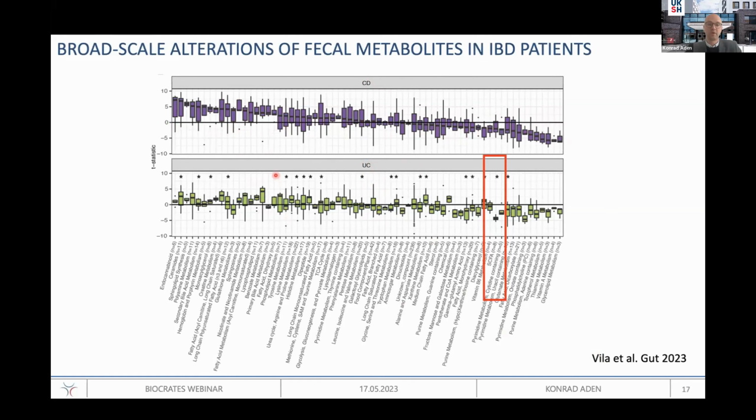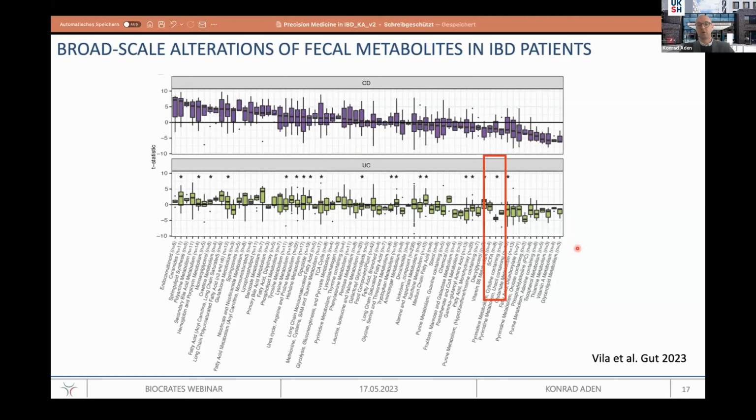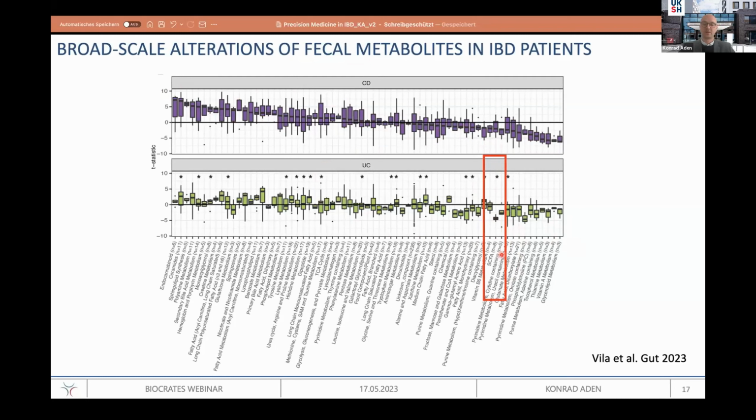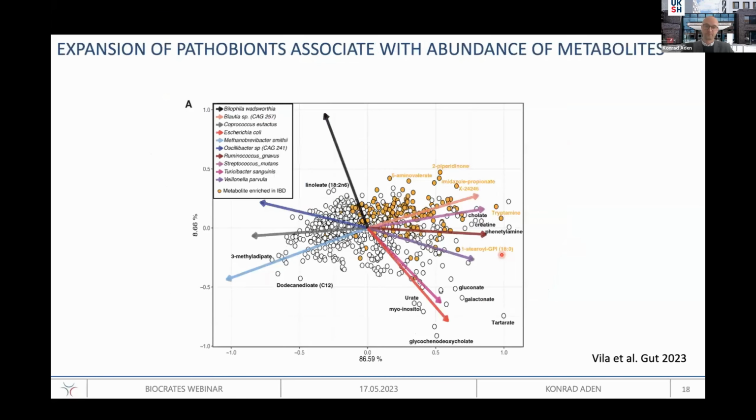And you see overall that there's a bunch of different metabolite classes that are either overabundant or have a lower abundance in the intestinal microbiome of CD and UC patients. I also just highlighted in red the short-chain fatty acids, which confirm a known metabolite class that has a lower abundance in patients with IBD.